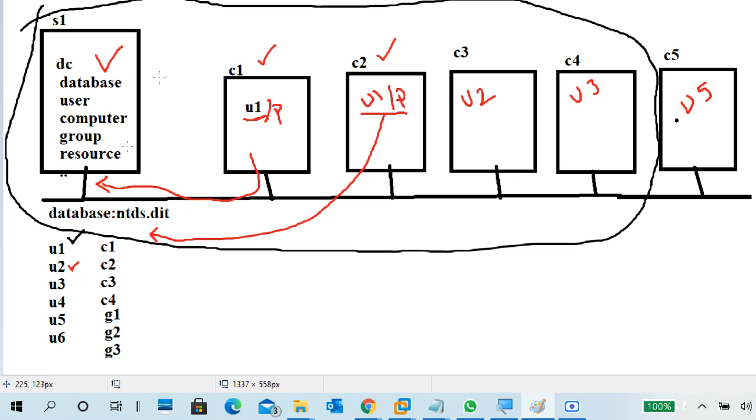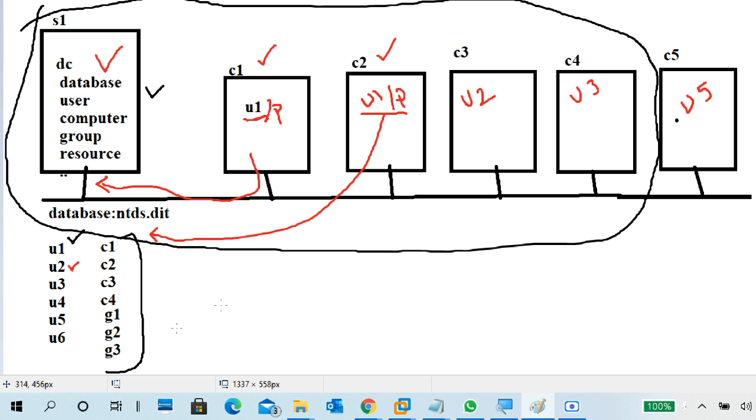So, the point again: the domain controller maintains a database of users, groups, computers, and other resources like a printer or scanner. Those are also resources. The domain controller stores information of users, computers, groups, and other resources, and it also authenticates users.